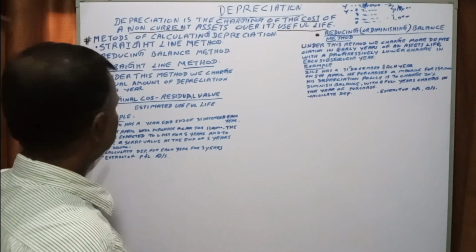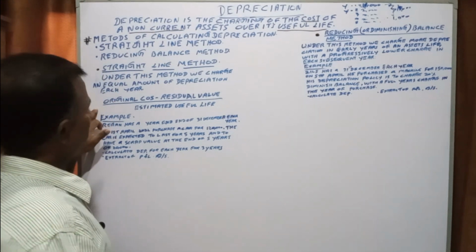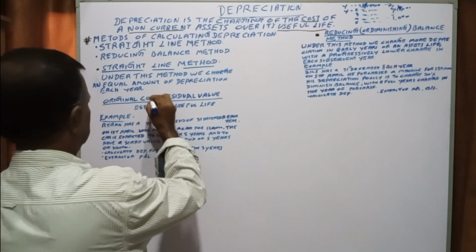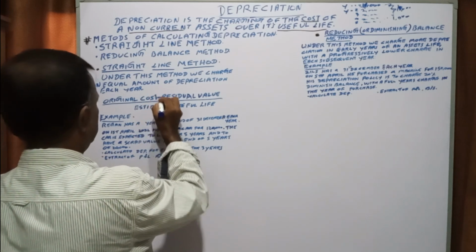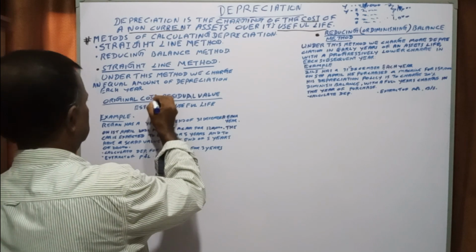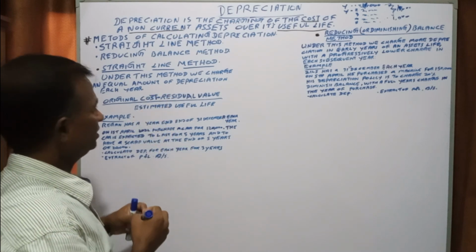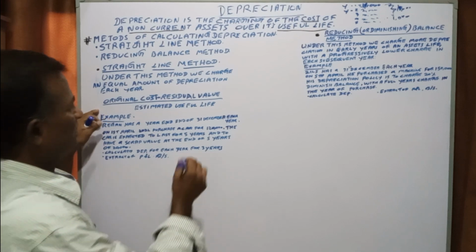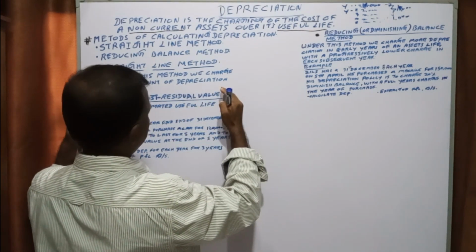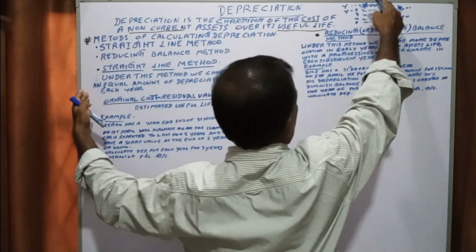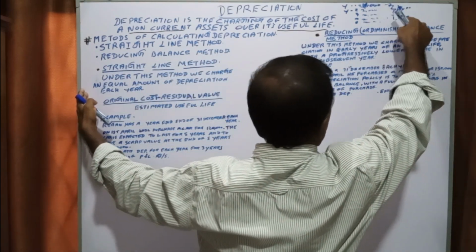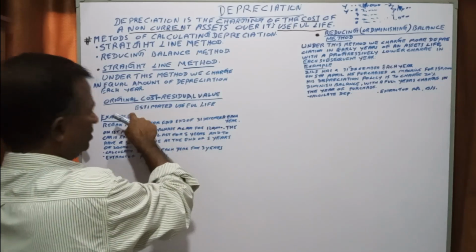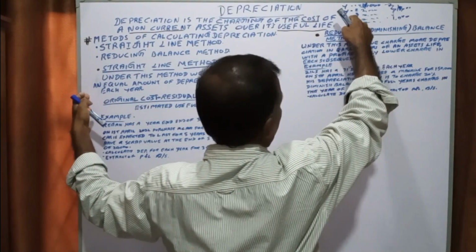So here there's an equation: original cost minus residual value, divided by estimated useful life. The original cost is 11,000, residual value is 1,000, and estimated useful life is 5 years.